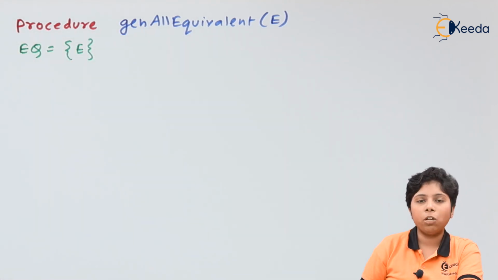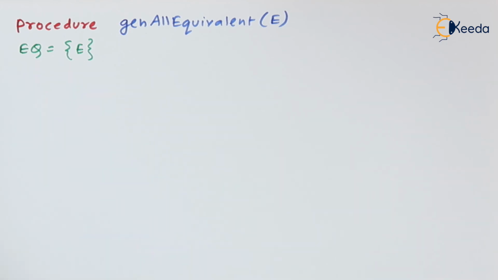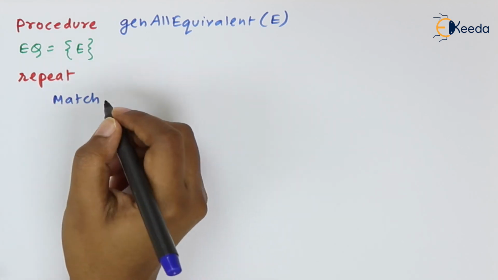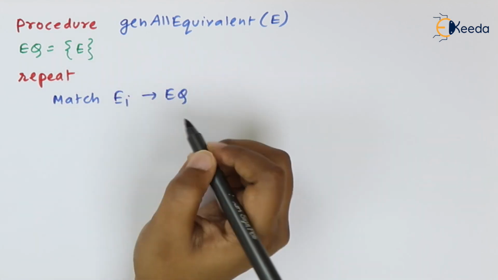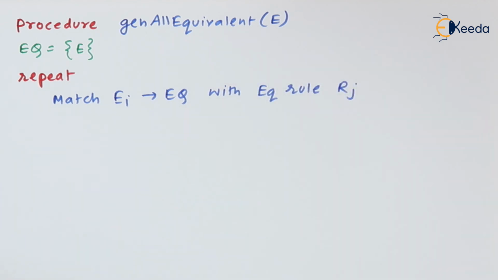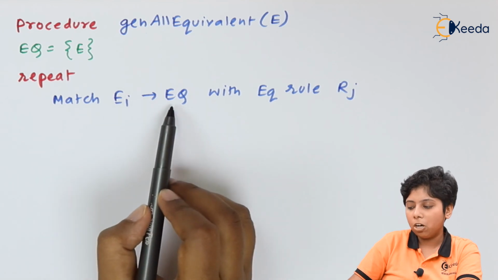So first, the equivalent set is the set of E. That means it will consider only one expression E. And now we will generate one equivalent expression and add it to the set. Now we need to match every Ei that belongs to EQ.